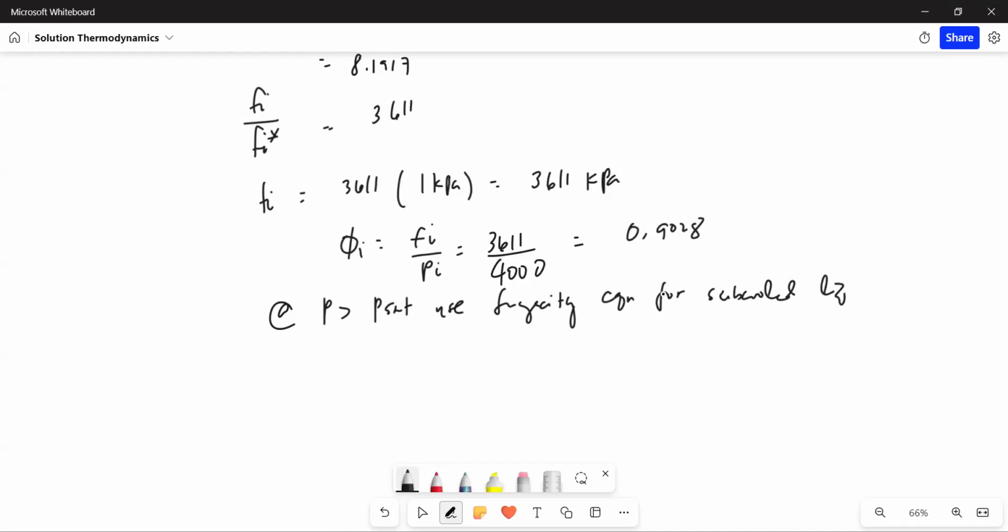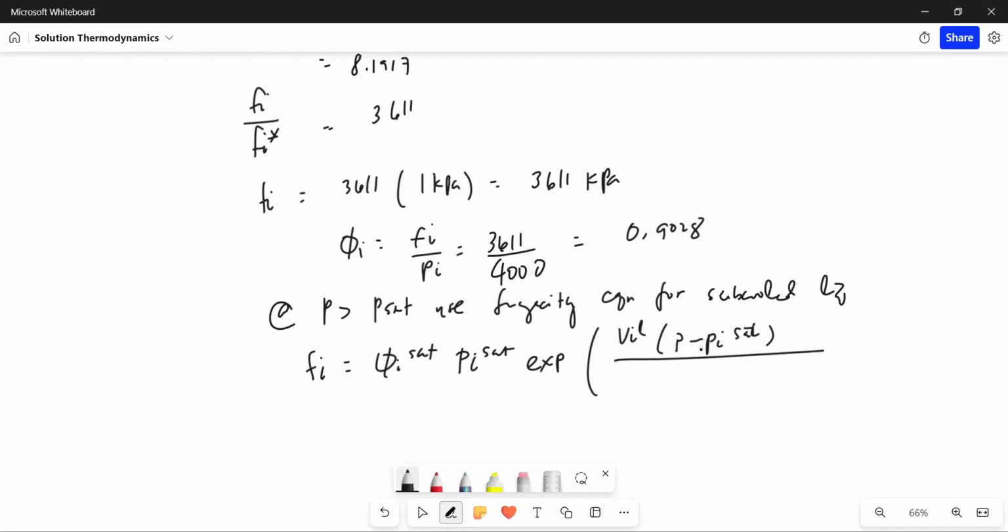And that equation is fi equal to phi saturated times Pi saturated times the exponent, or e raised to the value of V sub iL times P minus Pi saturated, divided by RT.